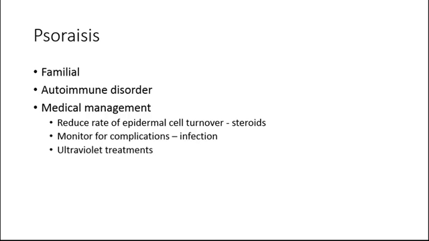We call it plaque psoriasis, but there's a whole bunch of different types of psoriasis. Our aim will be to reduce the rate of that cell turnover, and so they are placed on steroids. Also, we need to monitor for complications, such as infection. That would be a big complication, infection.